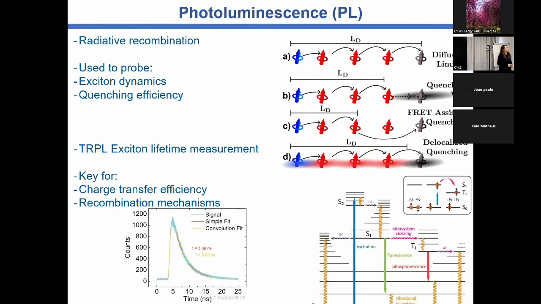So there are several techniques, several physical information behind photoluminescence that can help understand how the organic material works. So in terms of it, I can just summarize. We can probe the exciton dynamic or the quenching efficiency of the exciton creation.